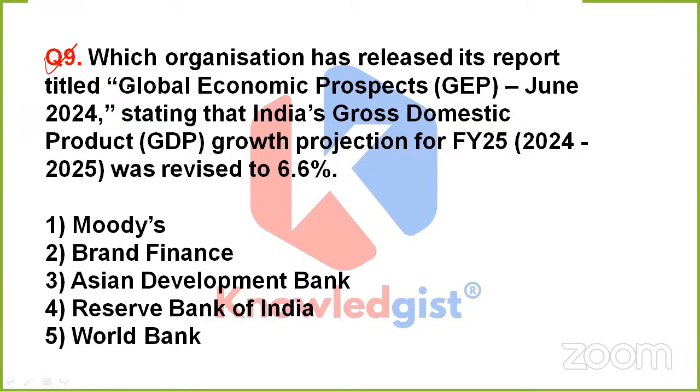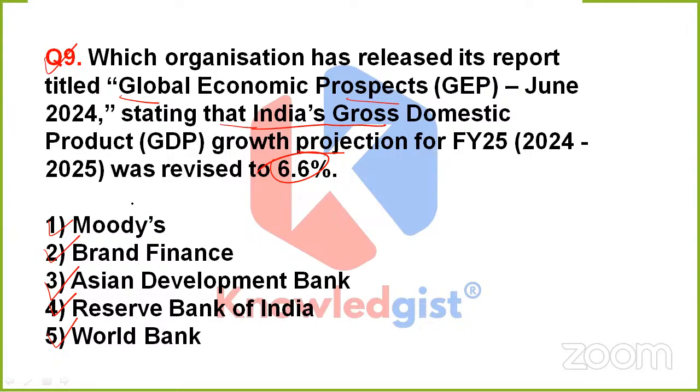Next question is asking, which organization has released its report titled Global Economic Prospects June 2024, stating that India's gross domestic product growth projection for FY25 was revised to 6.6%? Is it Moody's, Brand Finance, Asian Development Bank, Reserve Bank of India, or option 5, World Bank? So, what is the question?